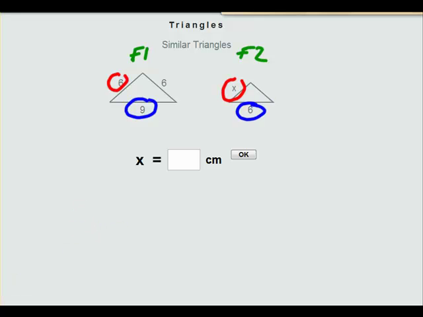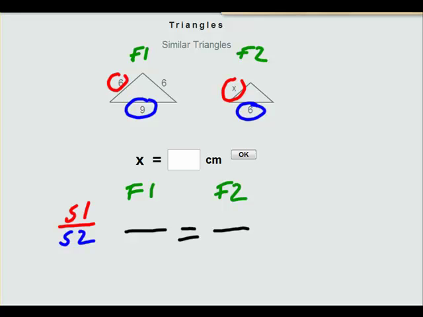So let's set that up. Side 2, side 1, figure 1, figure 2. Set up our proportion bars here and start filling in the information.